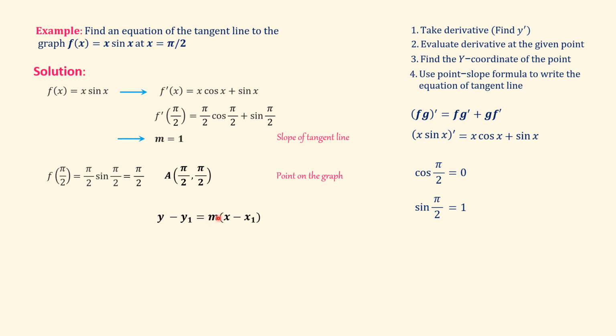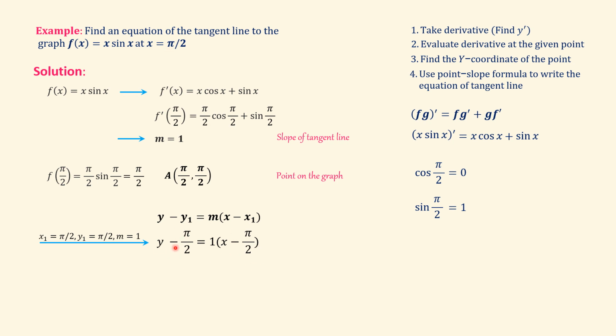M is the slope, x1 and y1 are the x and y coordinate of the point. If we plug in these values in this equation, we have y minus pi over 2 equals, the slope is 1, times x minus pi over 2. And this is the equation of the tangent line to this curve at this point.